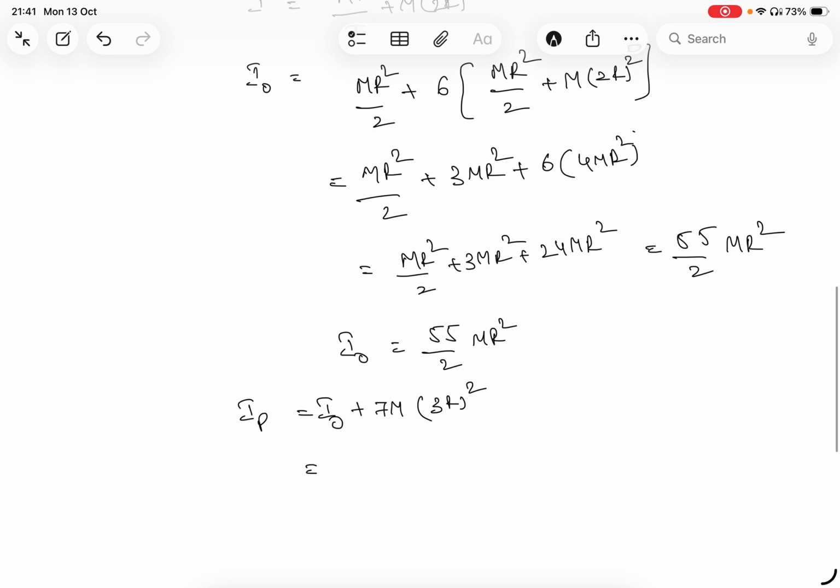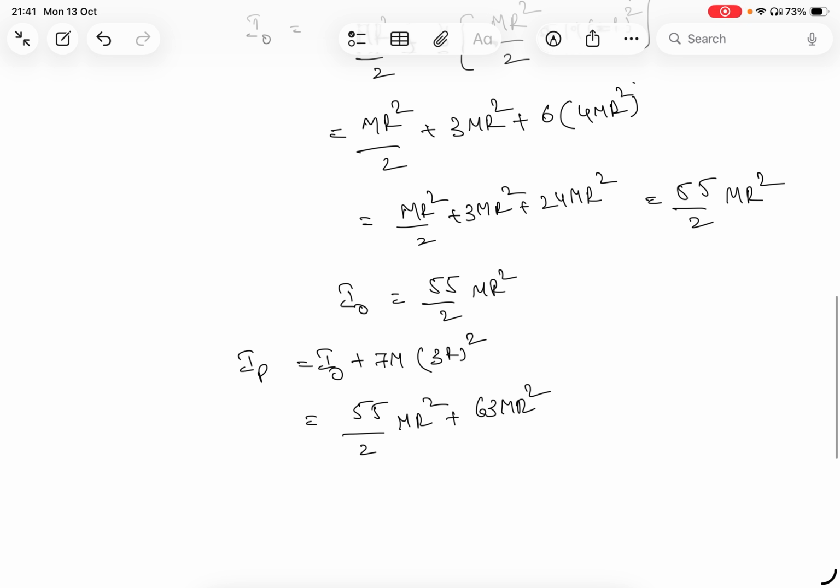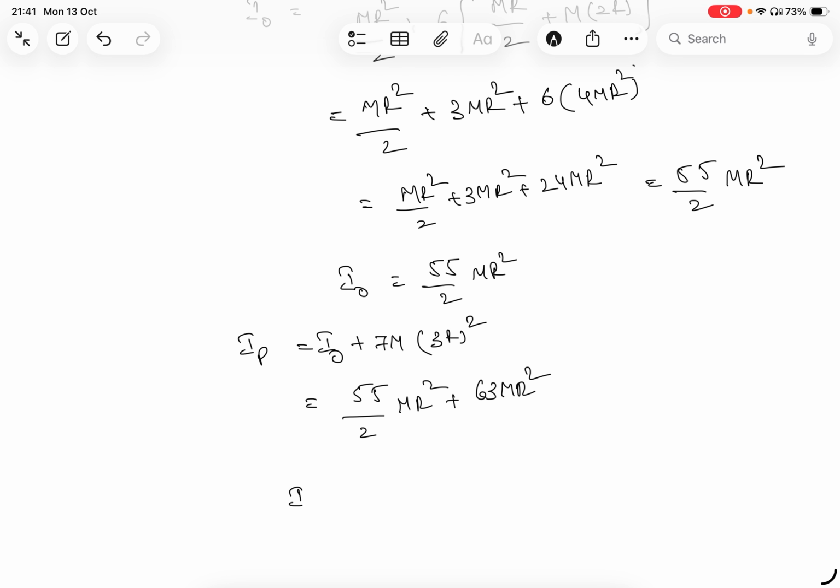So this will be 55 by 2 m r square plus 3 square is 9, 9 times 7 is 63, 63 m r square, which simplifying, I P will get 181 by 2 m r square. So this is the moment of inertia about the point P.